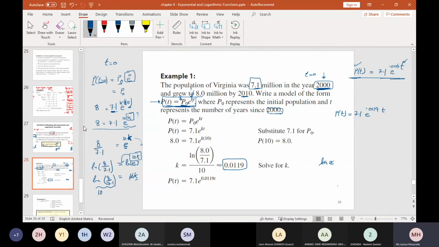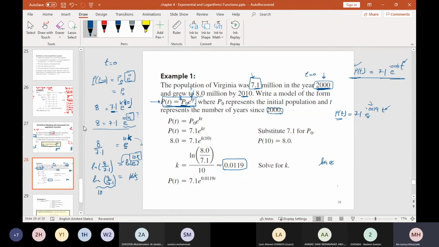So if I need it after 15 years, I just substitute 15 here and I can find the population after 15 years, how much they will be. And it should be more than the 7.1. Why? Because there is growth, and it's clear there is growth because the power of e here is a positive number.